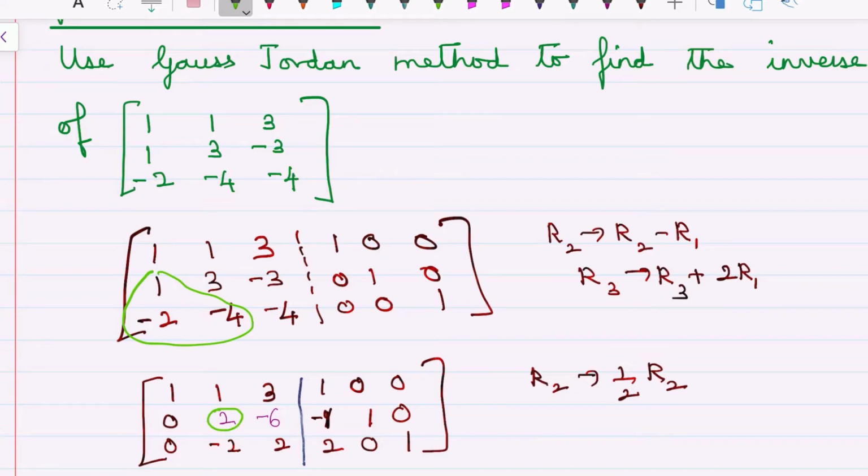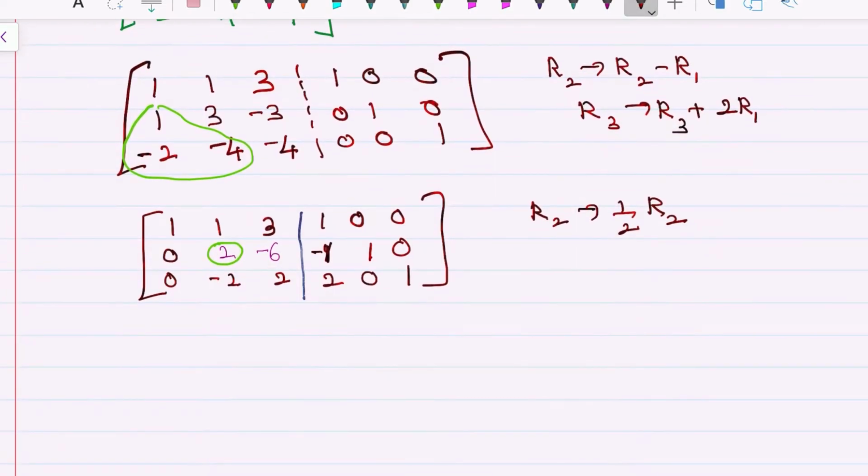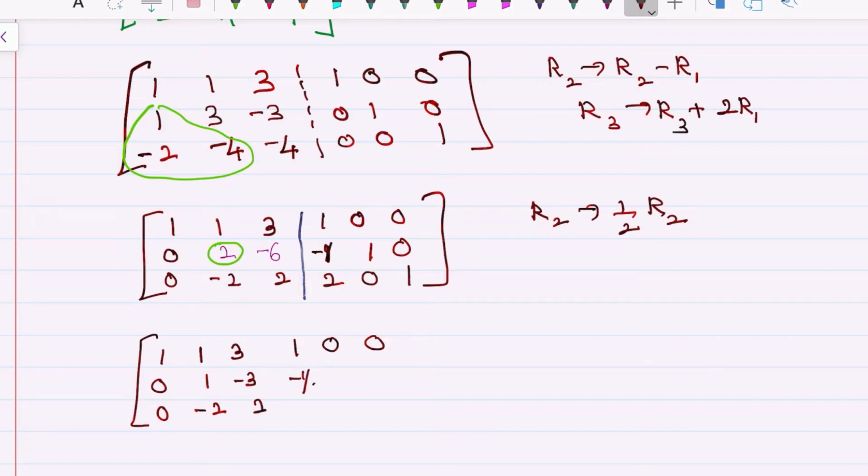So that is why the next operation will be half times R2. Now you are free to use your own row or column operations. There is no hard and fast rule that you have to use the same thing. So this becomes 0, 1, minus 3, 0, minus 2, 2. The third row remains the same. Apply the same half times R2 here. So this becomes minus half, half, 0, 2, 0, 1.